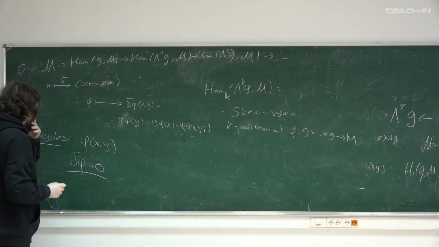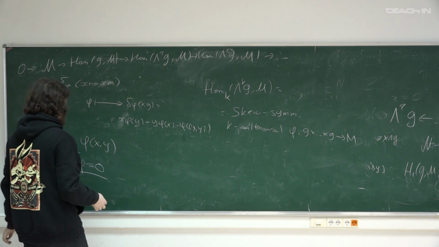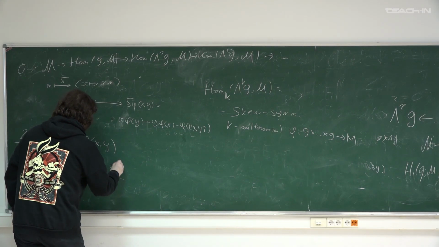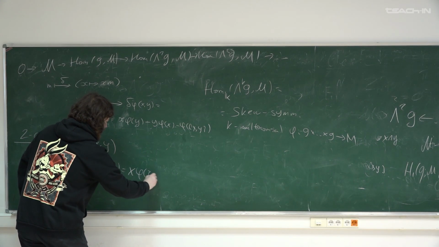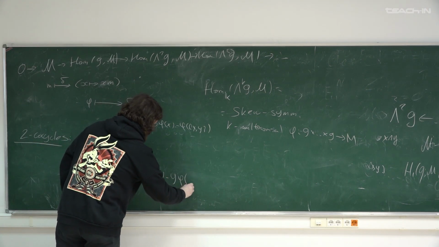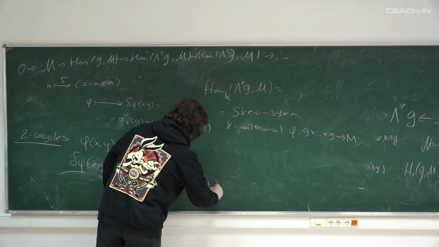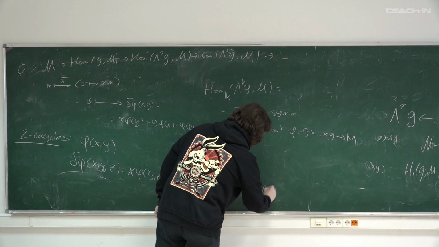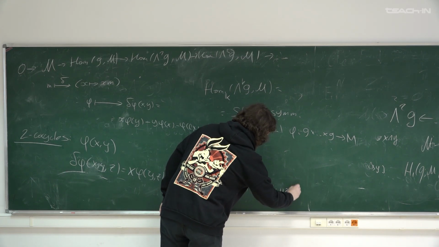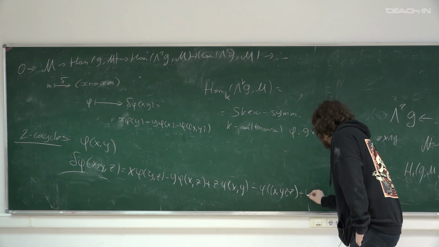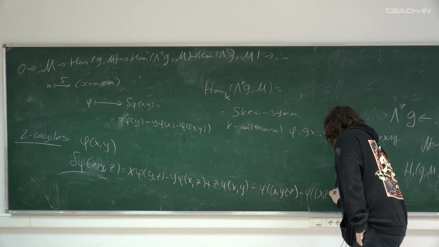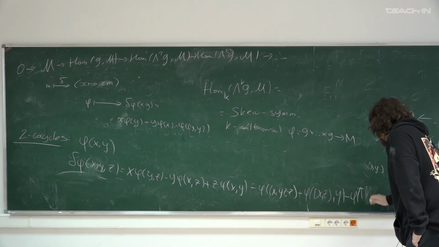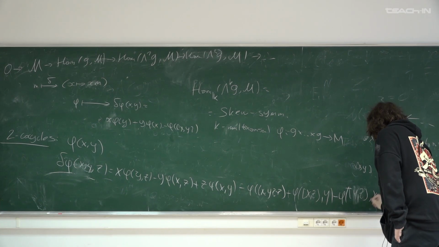I will not write down the explicit formula. It's by the following rule. I have x phi(y,z) minus y phi(x,z) plus z phi(x,y) minus phi of commutator x y, z plus phi of x z, y minus phi of x y, z, something like this.